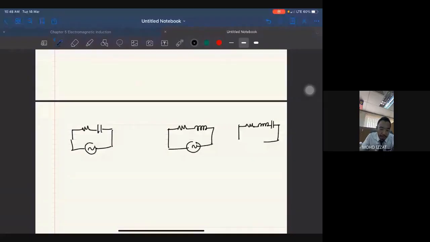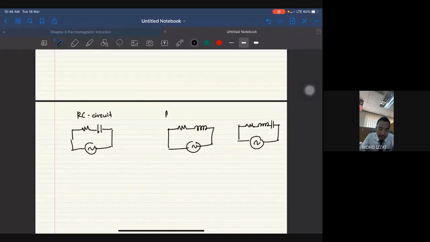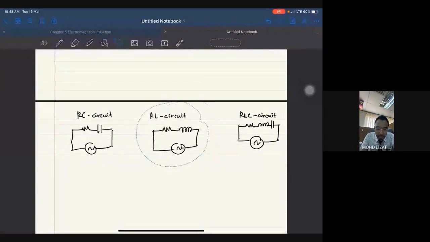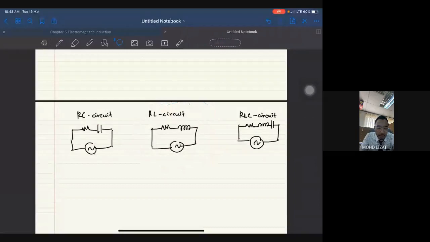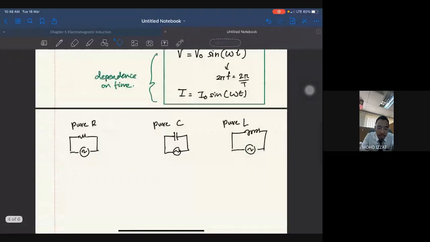So this is what we call an RC circuit, RL circuit and RLC circuit. Okay, usually the name is not that important, because normally the question will state what is in the circuit instead of its name. Usually the questions give one at a time, so it's not difficult.